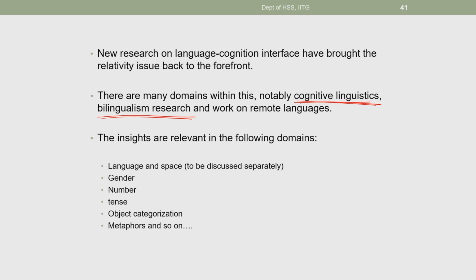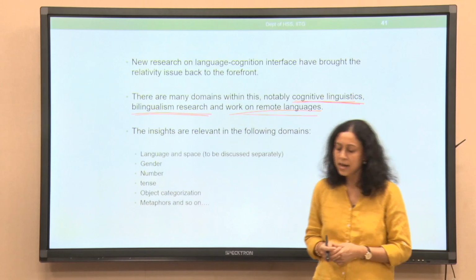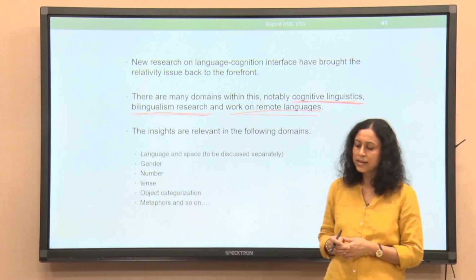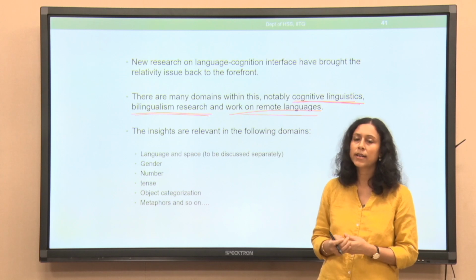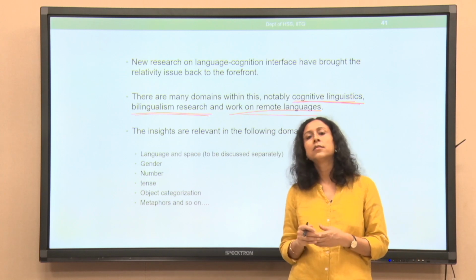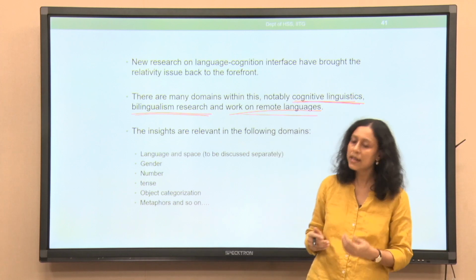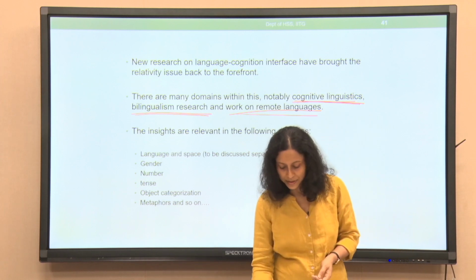Similarly, some work on remote languages is also bringing out newer insights into this relationship and its probable connections. There is no hard and fast rule as to the extent of the impact, but there is certainly an amount of interaction that happens.